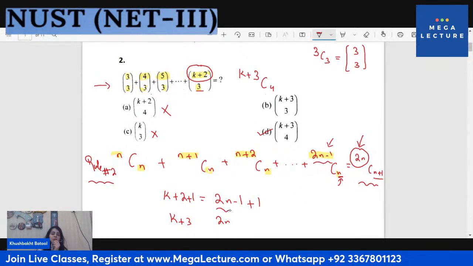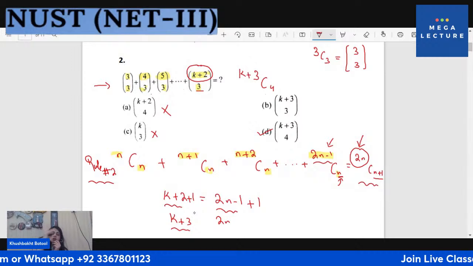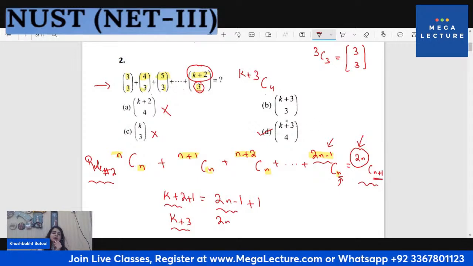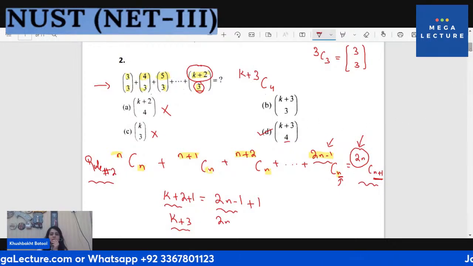So when I'm adding 1 to 2n minus 1, I would also add 1 to k plus 2. That gives me k plus 3. So automatically A and C options were cancelled. k plus 3 would be there. And what about the other number? This was 3. We will add 1 to this number and it turned out to be 4. So the answer is going to be D in this case. Alright, so let's talk about the next question then.